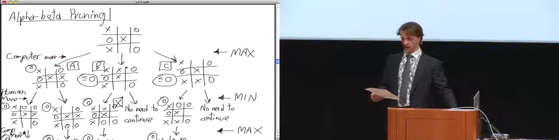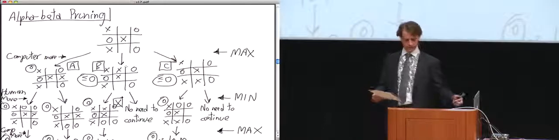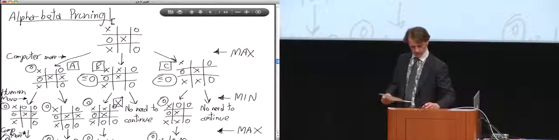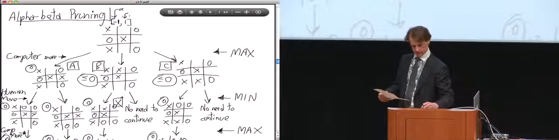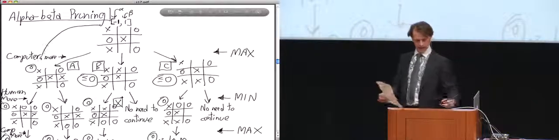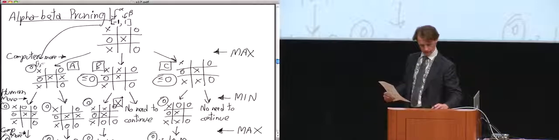And so to see how that works with the grid we had up top, what we do is we always start the root grid with alpha equal to -1 and beta equal to 1. And we pass those values down in our recursive calls.